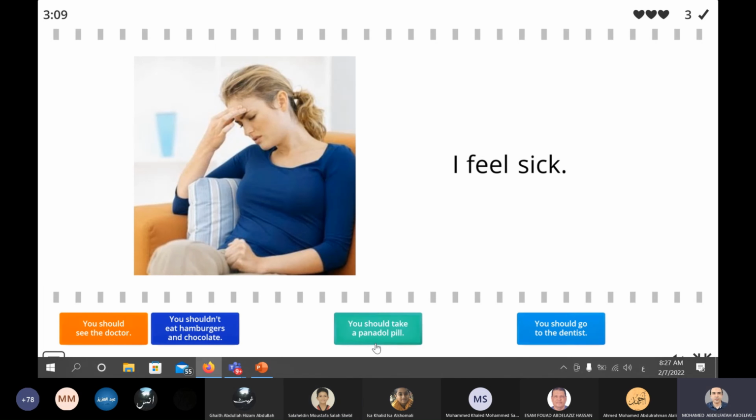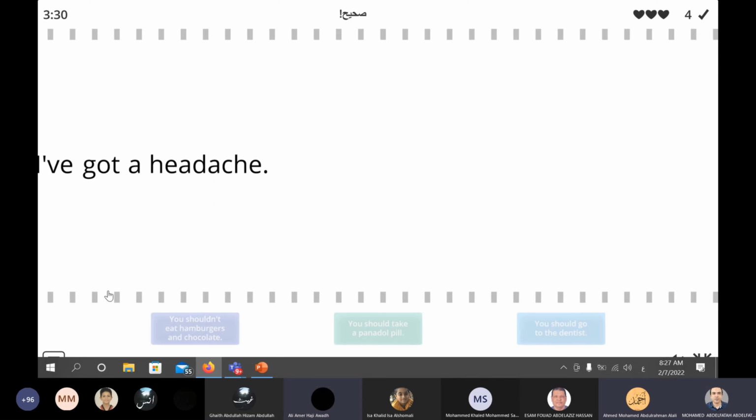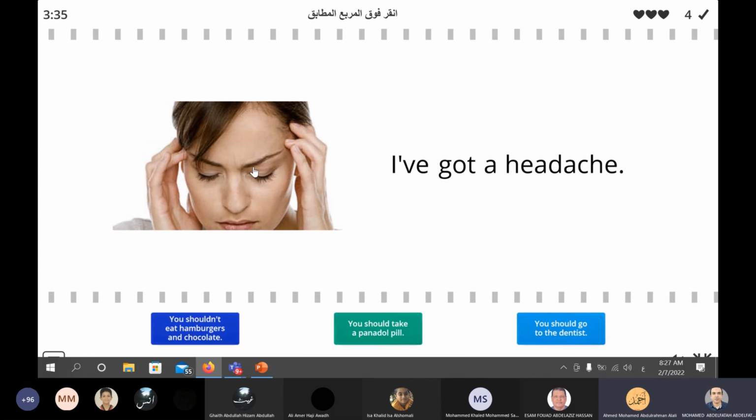You take Panadol or aspirin when you feel a pain in your head or have got a headache. This is not a headache, so I think the best answer is, you should see the doctor. Yeah, this is the correct answer. It's saying sick, not a headache. Yeah, good.